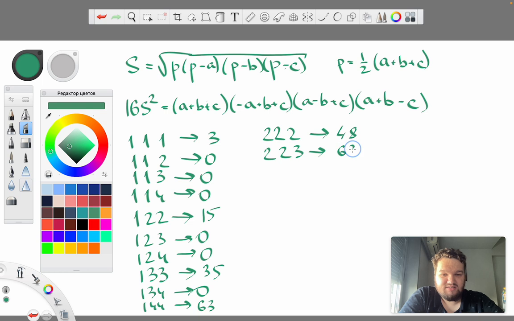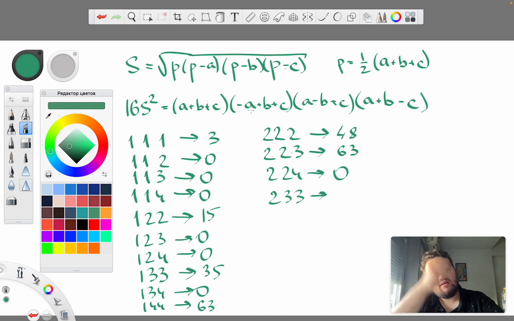That's 63 again. Well, that's the first repetition. 2 2 4, not considering zeros, is 0. 2 3 3 is 8 times 4 times 2 times 2. So it's 128.